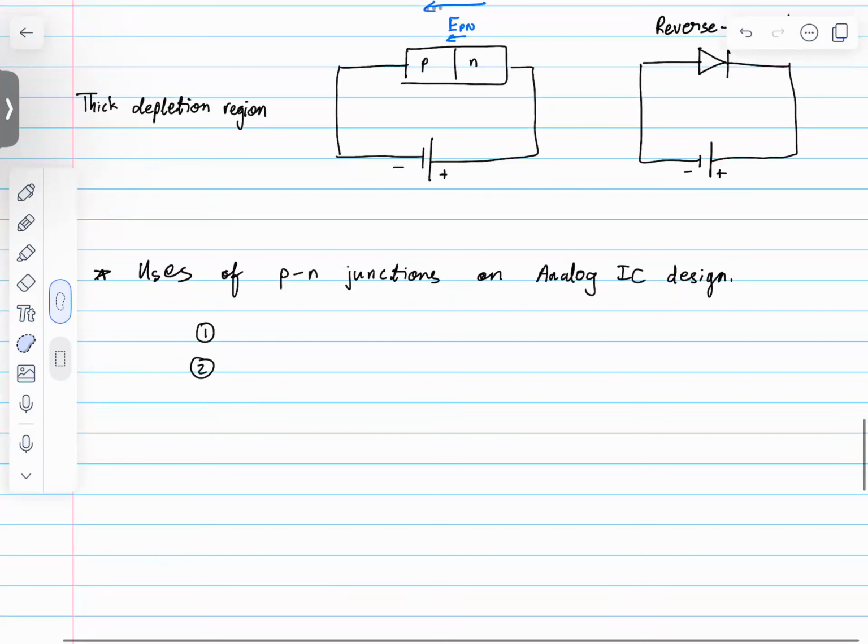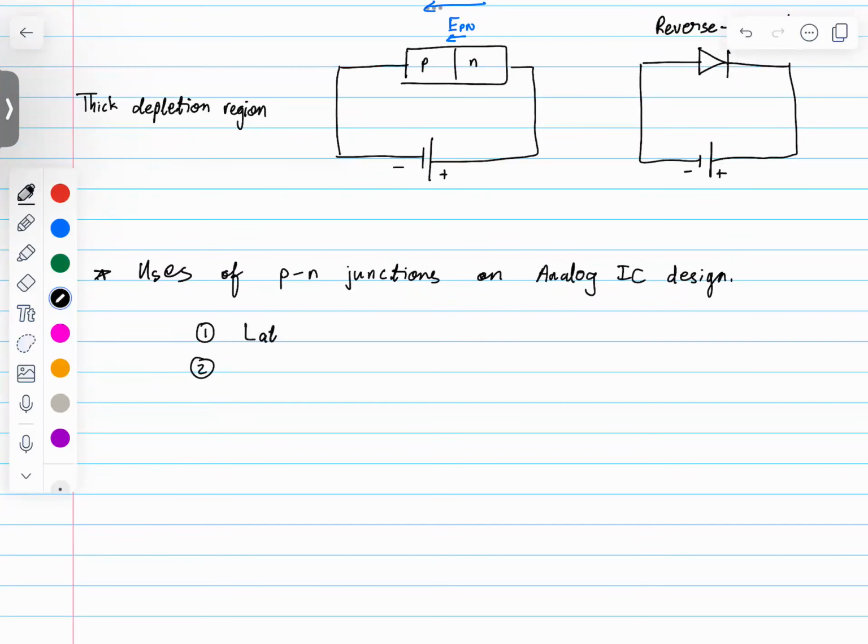So one example is latchup. Here, what happens is if there's a PMOS and an NMOS close to each other, for example in an inverter, you would have these parasitic PNPs and NPNs that are formed, and under the right circumstances, the current will start to leak into these parasitics.